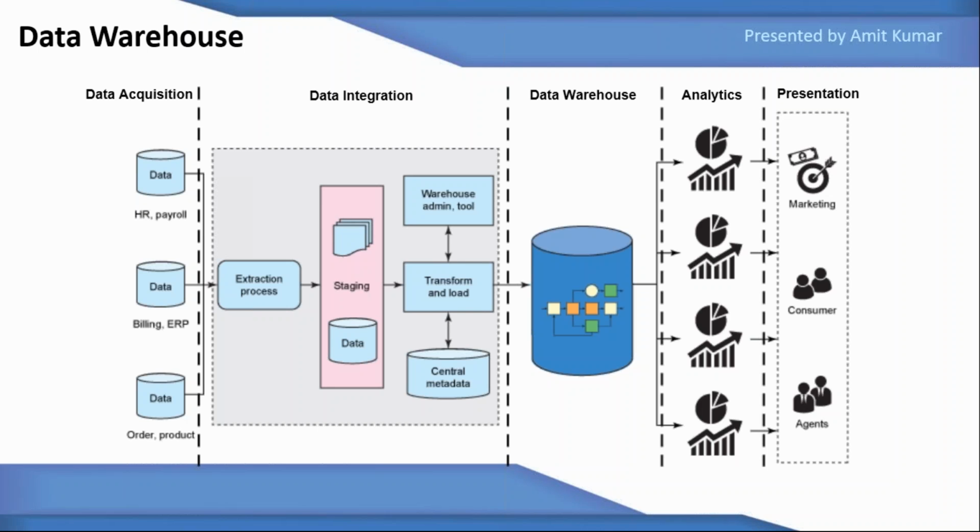There are many data integration tools. Through that, they fetch the data from different systems and create an offline data source storage called staging, where the data of various systems comes and is stored for further processing. That is called staging.